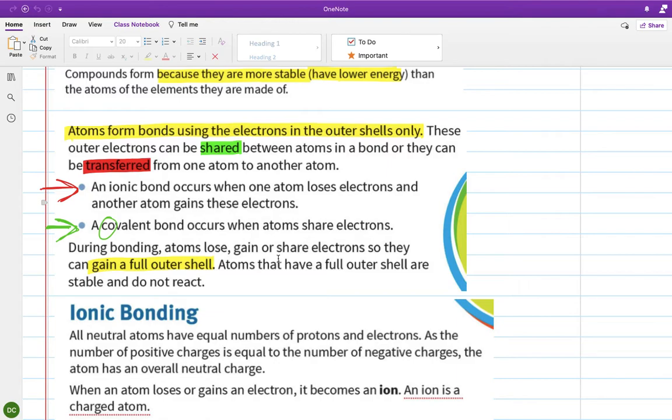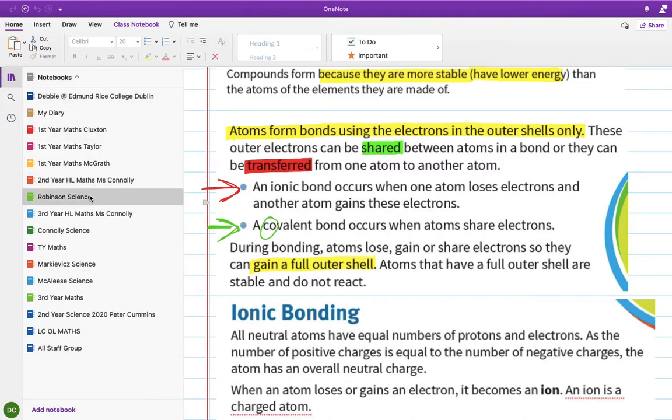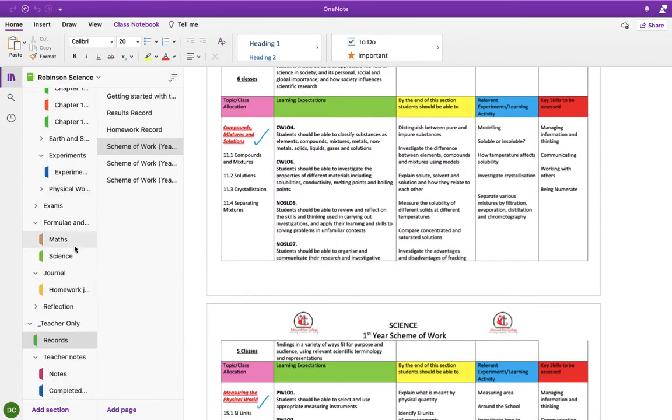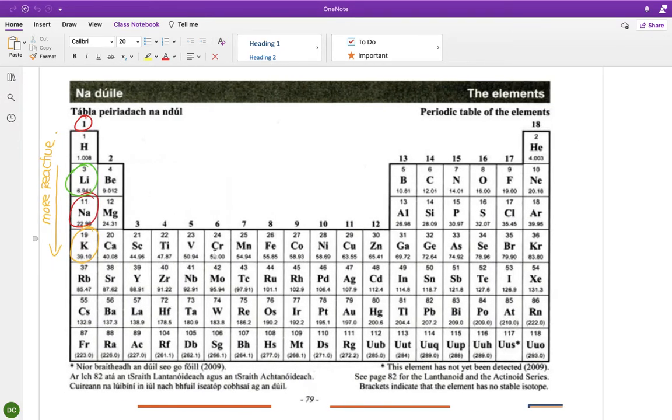Before I go into bonding, I'm going to make sure you remember how to do these. They're called Bohr models of the atom.